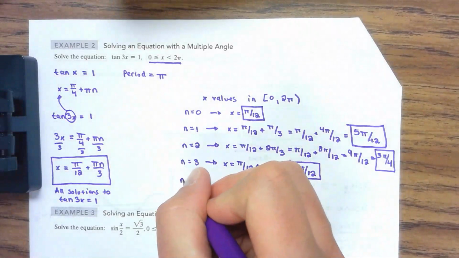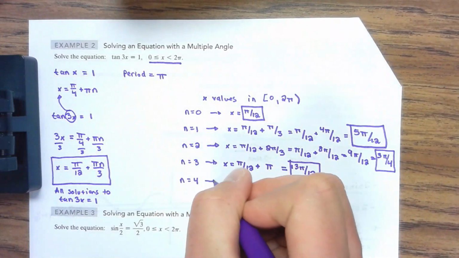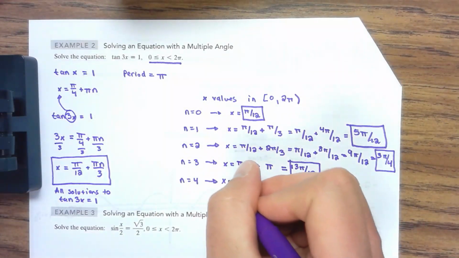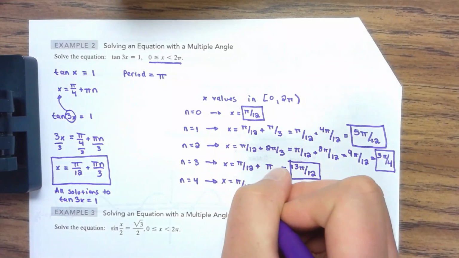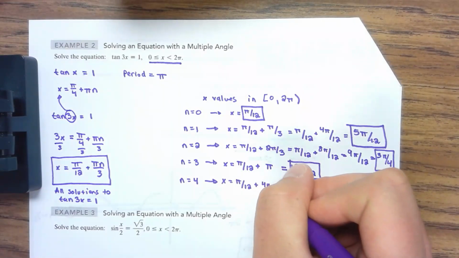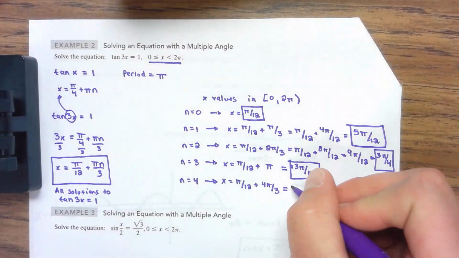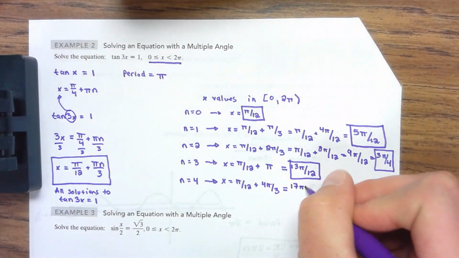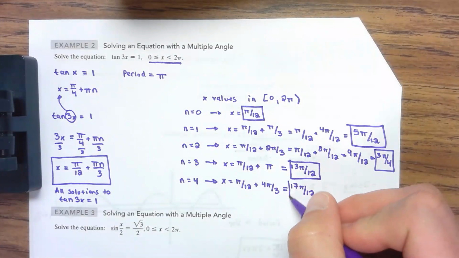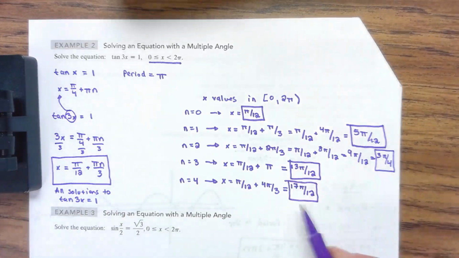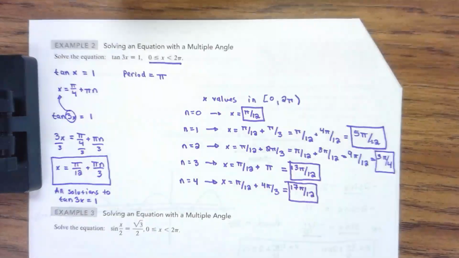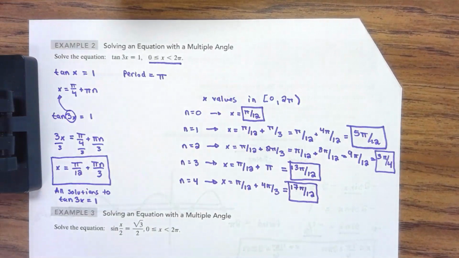And then n equals 4. So x equals pi over 12 plus 4 pi over 3. So this is times 4, so 16 pi over 3, so that's 17 pi over 12. And we're still less than 2 pi, right? 17 pi over 12 is not quite 2 pi.